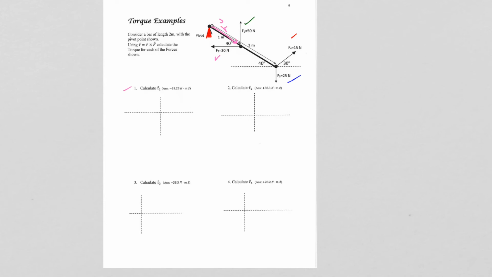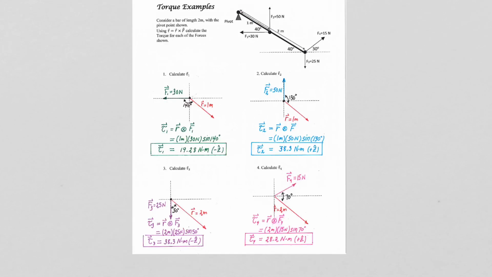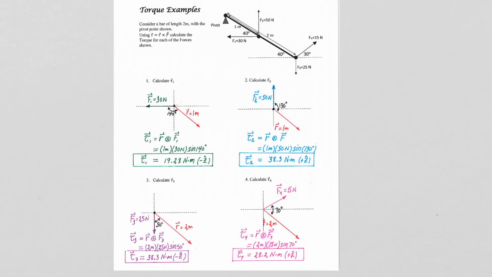Okay, hopefully you've given these a try. If you got them right, that's great, but let's just take a quick look at the solutions. I'm not going to go through the cross products with you, but notice it is worth taking your time to redraw them from a common origin and calculate R cross F. When you do your cross product, you'll always be thumb into the paper or thumb out of the paper.